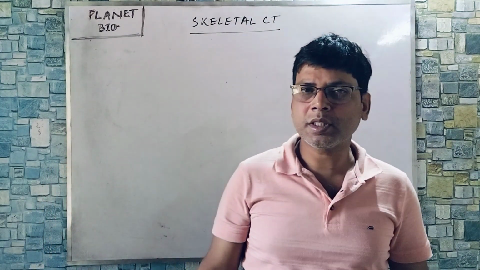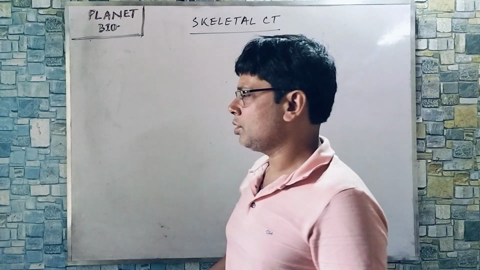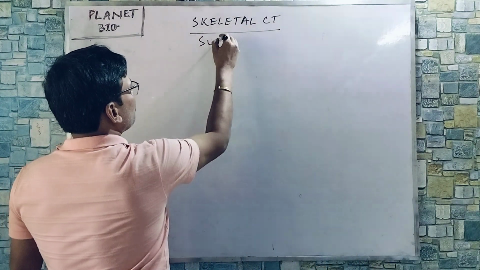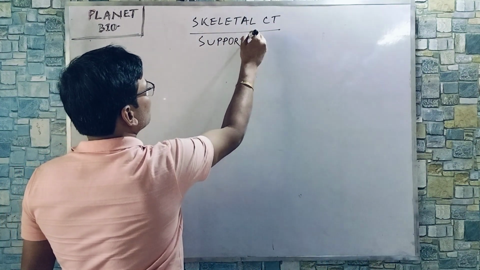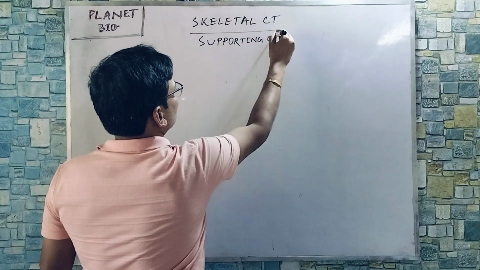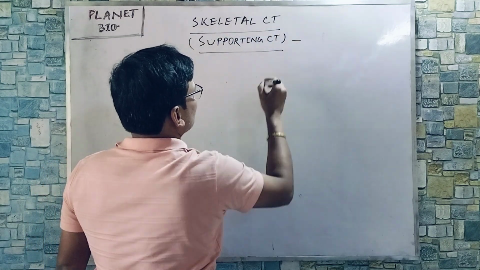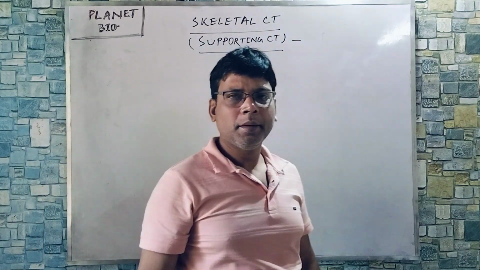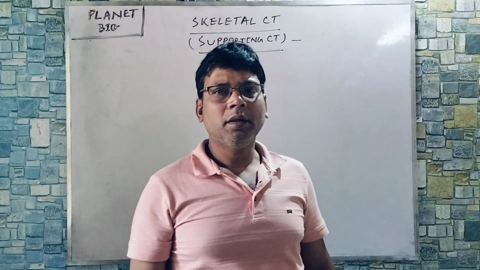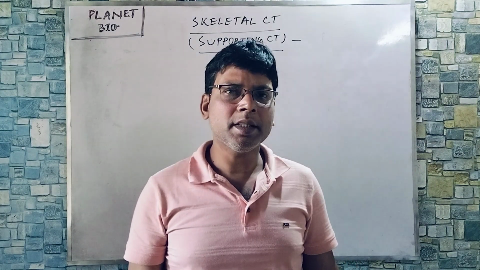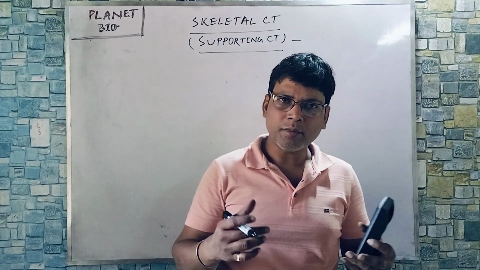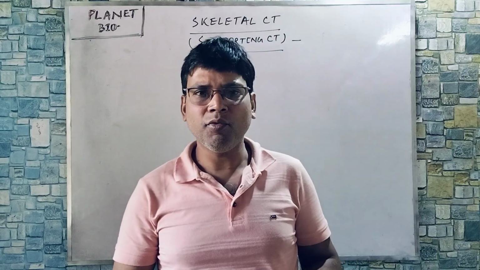Now we have to discuss skeletal connective tissues, also called supporting connective tissues. Why supporting? Because it is made up of bones and cartilages, and it forms endoskeleton, that is the internal framework of our body.